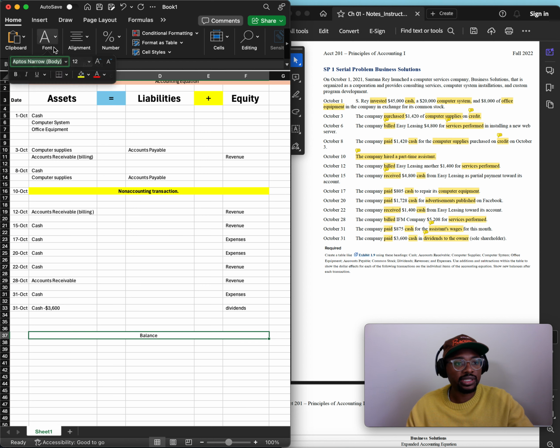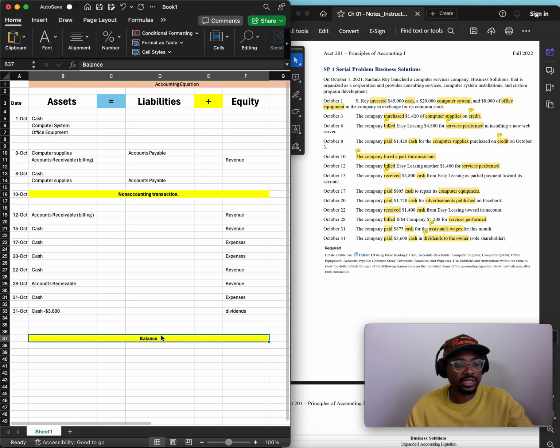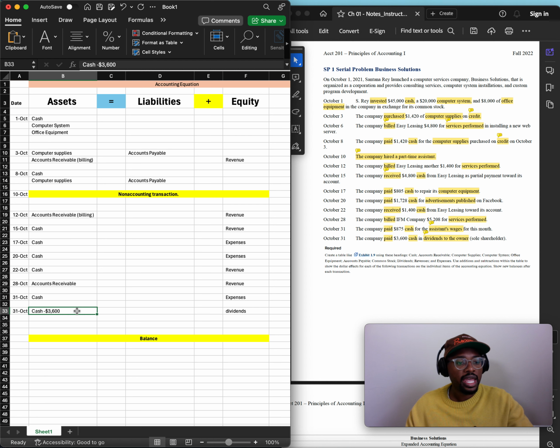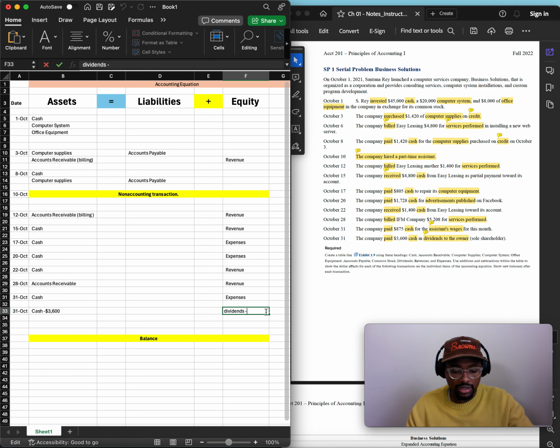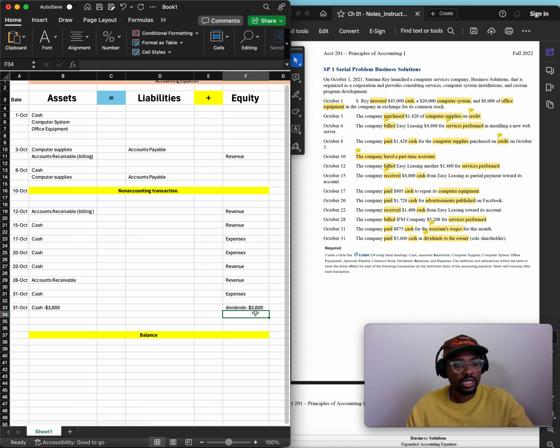If you balance, then you got the question right. If the accounting equation is not balanced, then you did something wrong. If I put a negative 3,600 here, then guess what? I need to put a negative 3,600 here. You see, negative 3,600 equals negative 3,600, and you're done.